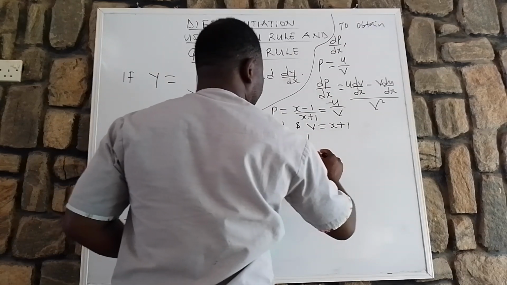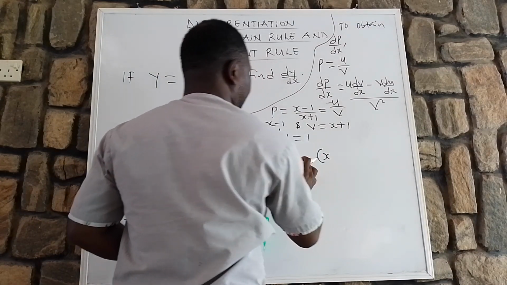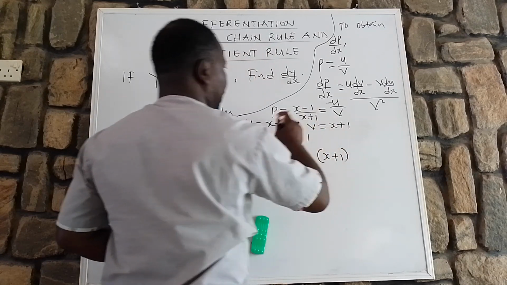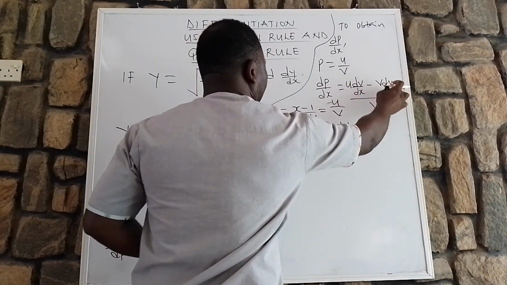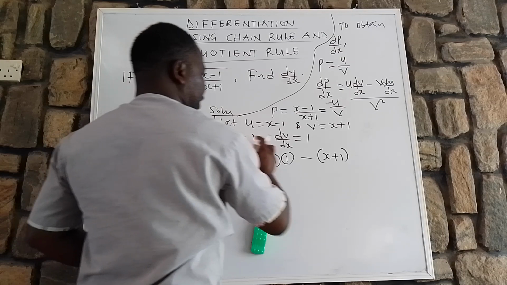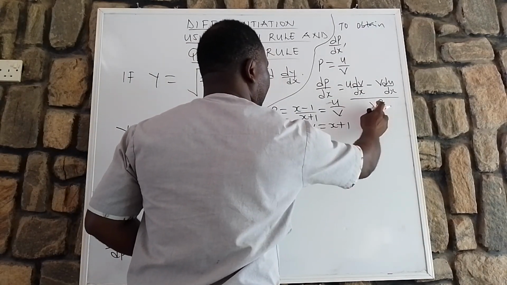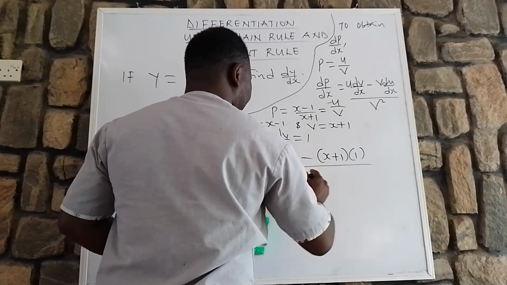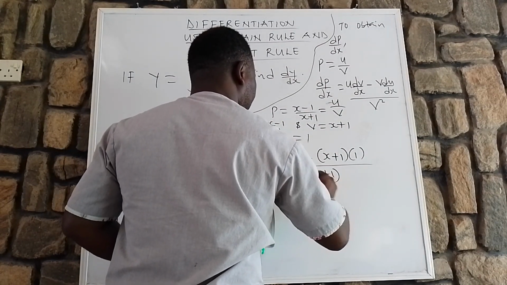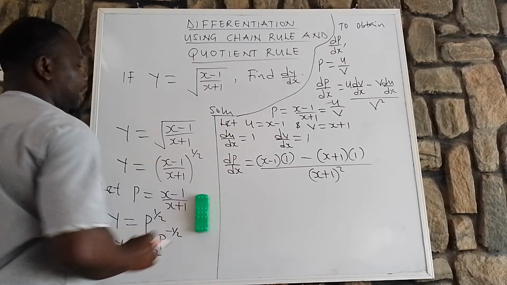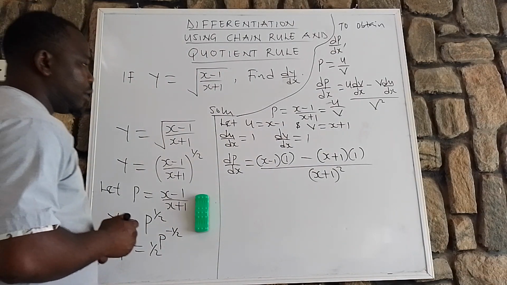Ordinary v is x plus 1, make sure you put the bracket because of this minus sign. Then what is our du over dx? Our du over dx is 1. Then all over v squared. So what is our v? Our v is x plus 1 all squared.